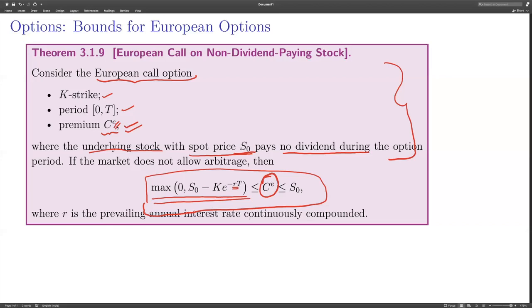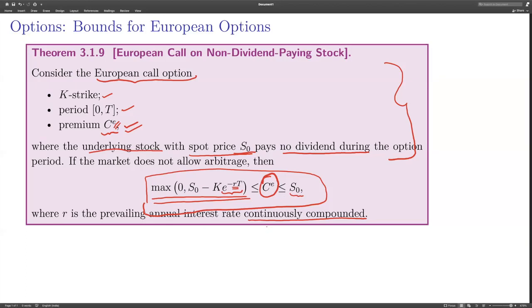Generally, we take it as a continuous compounding case. Otherwise, you know how to write the bound. But from now onwards, we will not worry about discrete compounding. We will only do continuous compound. So since it's a continuous compounding, its present value of K is given by this. And the upper bound is simply the spot price of the stock at t equal to 0.